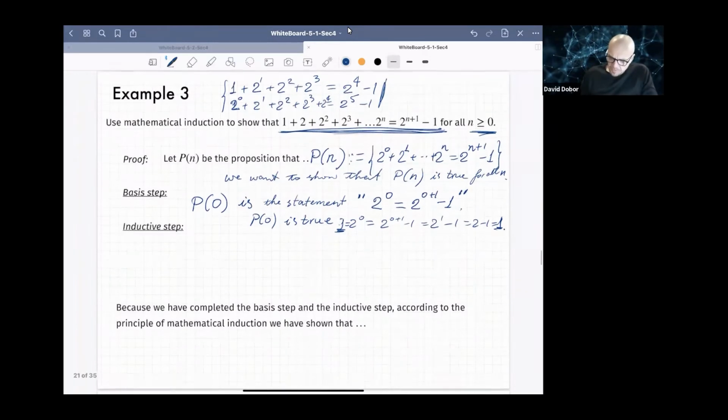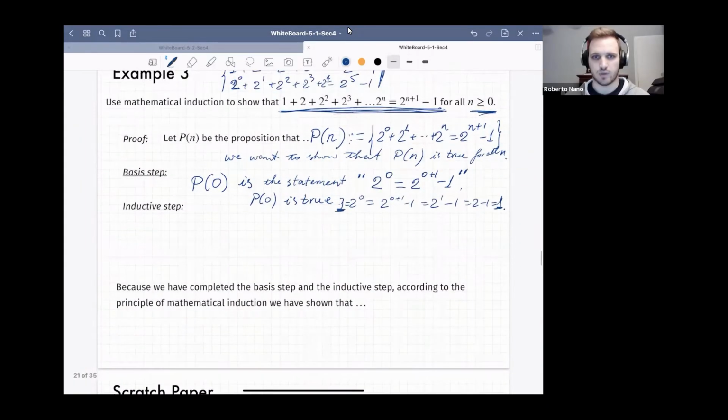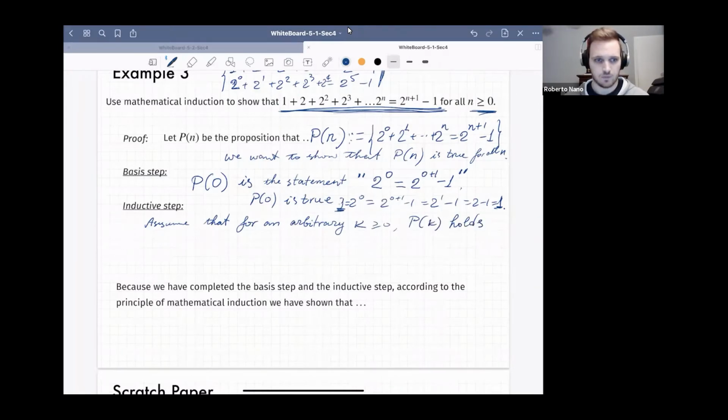What do we prove here? We're going to assume that for some k, which is greater than or equal to 0, the proposition holds. So P of k: 1 plus 2 plus ... plus 2 to the k equals 2 to the k plus 1 minus 1.